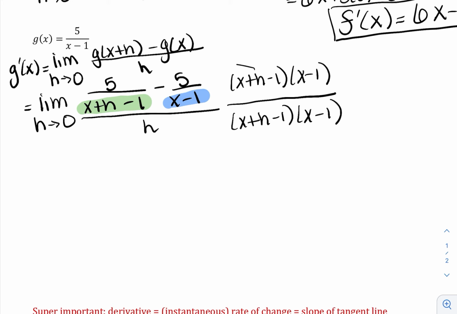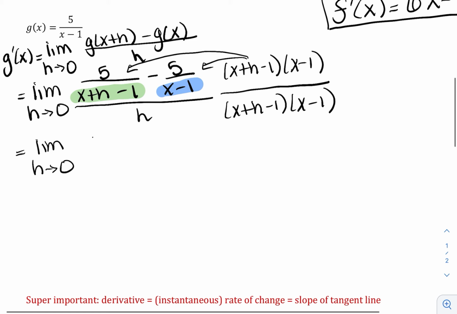And in the top, I have to distribute to this and to this. And in the bottom, I'm just going to distribute it to the h. So what is that going to give me? That's going to give me the limit as h goes to 0. When I distribute it to the first fraction part, the 5 over x plus h minus 1, the x plus h minus 1 is going to cancel. And I'm going to be left with only the x minus 1.